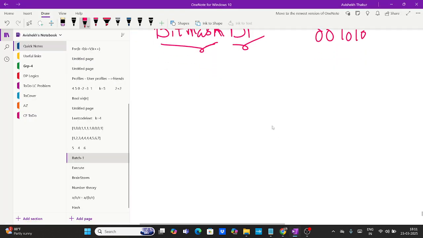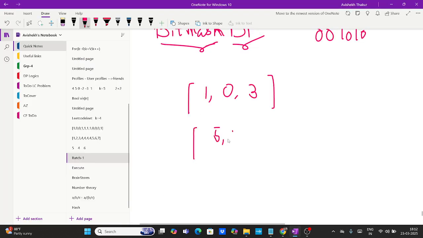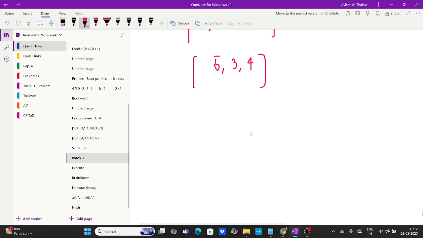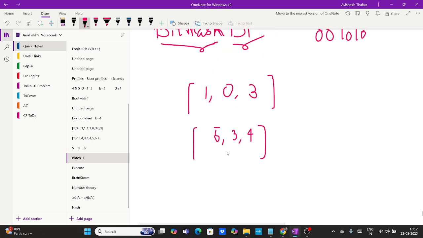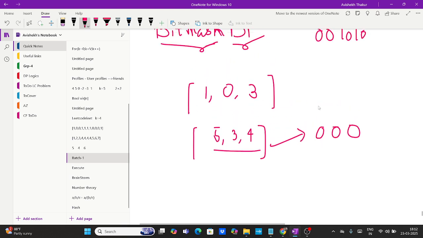Now what we will try to do in this scenario is, let's take this example, 103, and the second one, 534. So this 534 we will represent as 000. That means in the ith position, if it is 0, the element is not selected. If it is 1, the element is selected.